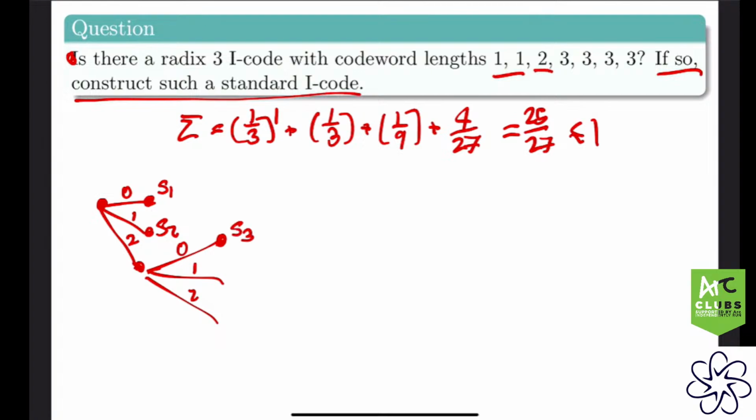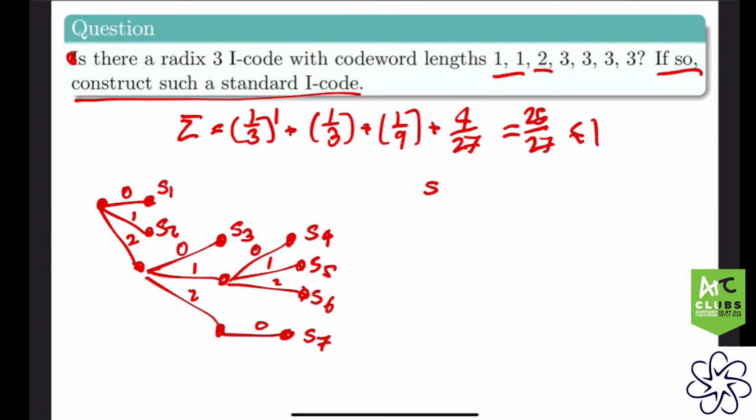Now we're going to need 4 code words of length 3. So what I'm going to do is I'm just going to take our 3 from this code. So this is going to be S4, S5, S6. And then I have to go back down the tree, go to this last one. So we have 0, 0, 1, 2. And this is going to be S7.